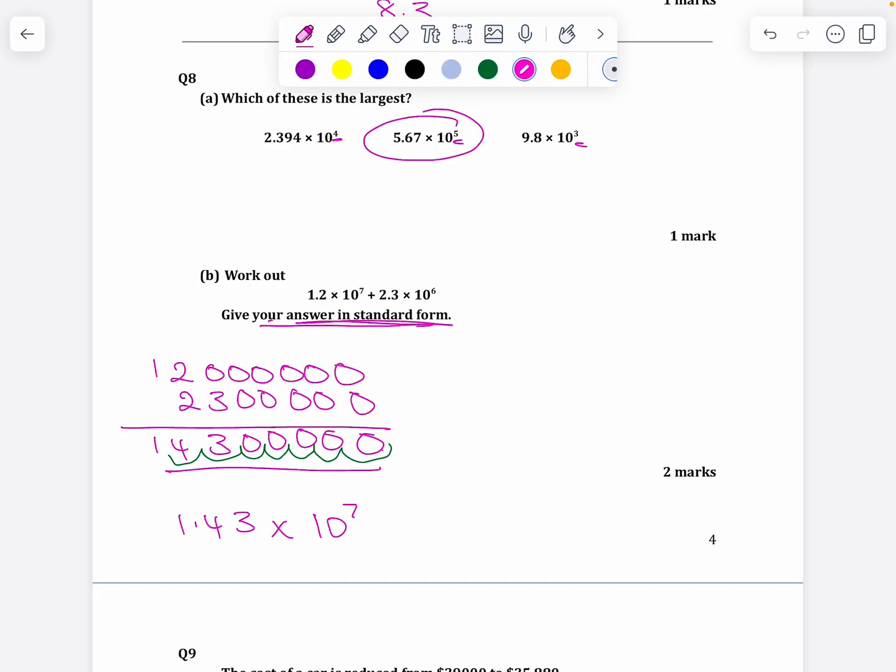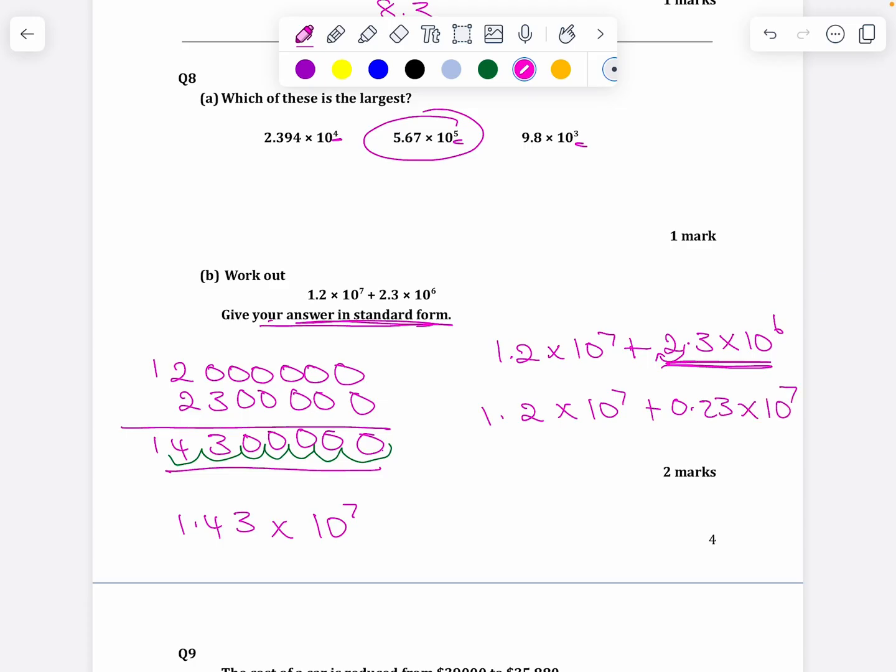The other way you could have done it, which I showed you, is 1.2 times 10 to the power 7 plus 2.3 times 10 to the power 6. You could turn this into 10 to the power 7. So 1.2 times 10 to the power 7 plus, if I turn it into times 10 to the power 7, I'm going to move the decimal point here to make it 0.23 times 10 to the power 7.